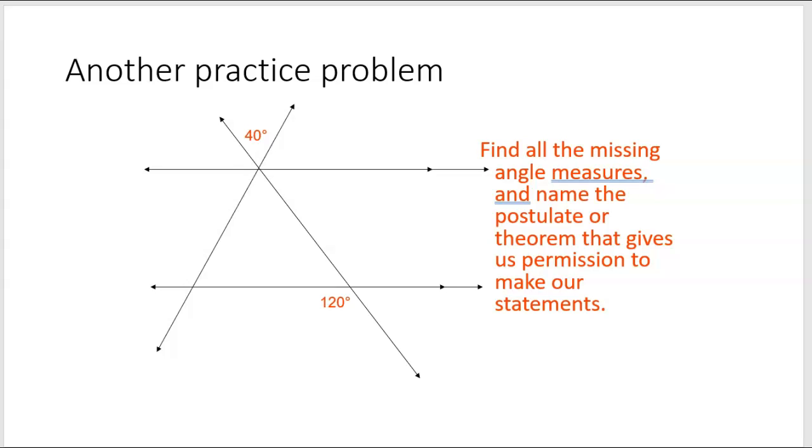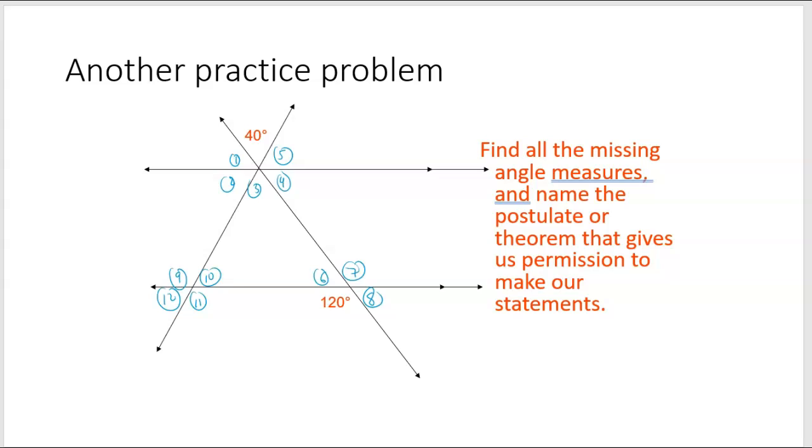Okay, so go ahead and I want you to try to find angle 1, 2, 3, 4, 5, and then 6, 7, 8, and over here 9, 10, 11, and 12. Okay, I will be finding the angles in 3, 2, 1.